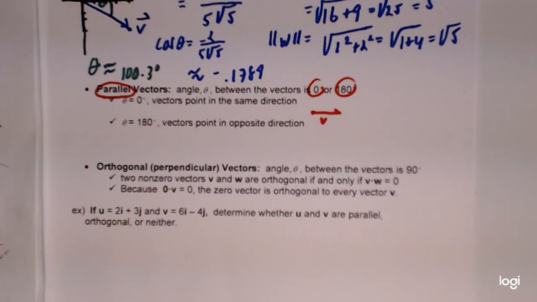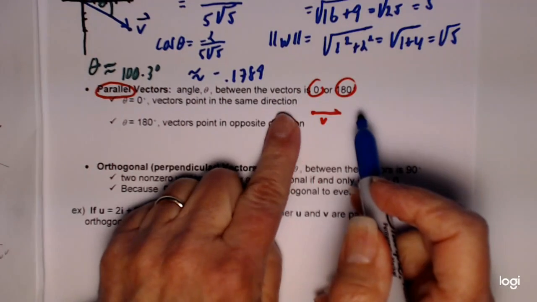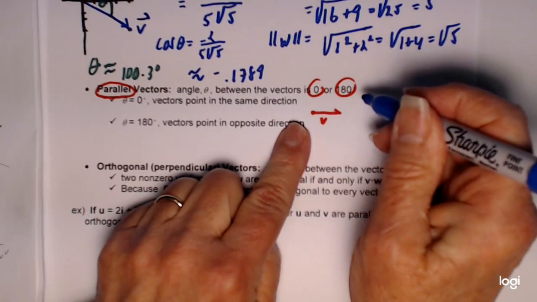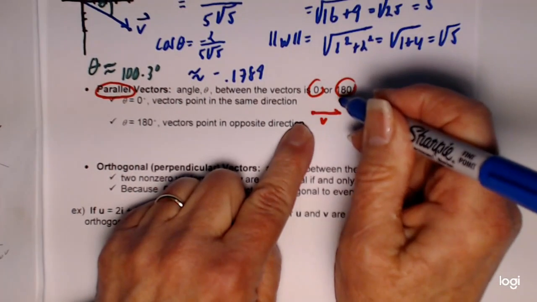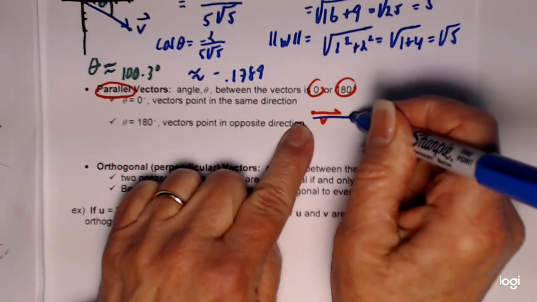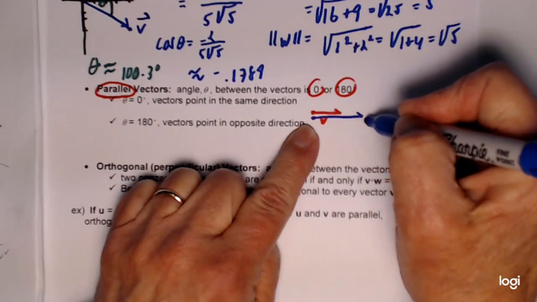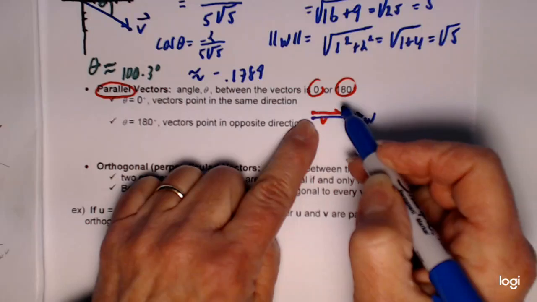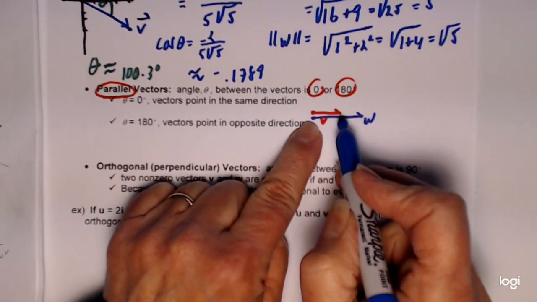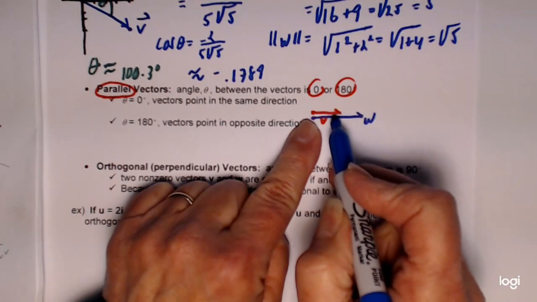And now, if we had a situation where the angle in between two vectors, so here's my vector V, and now here I have an angle here, and this is my vector W. So these vectors are parallel, and they are in the same direction here.